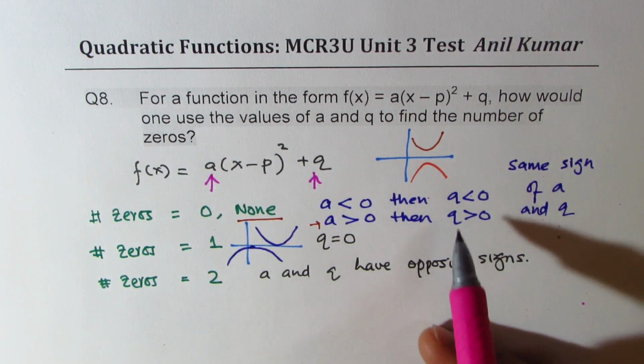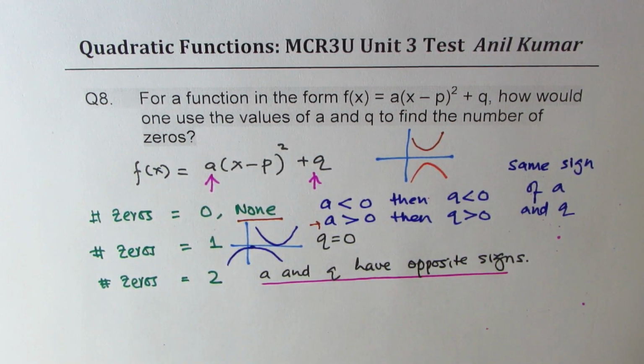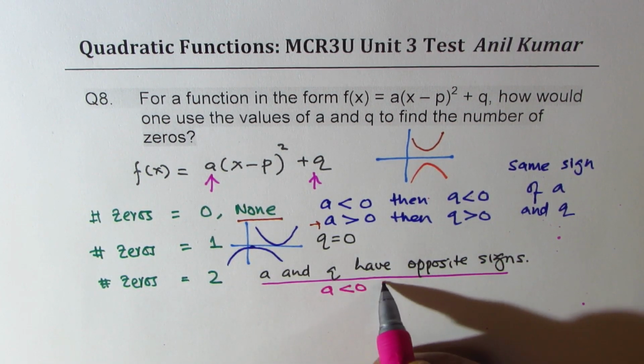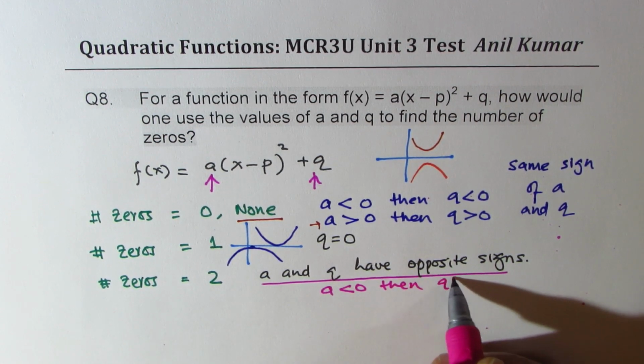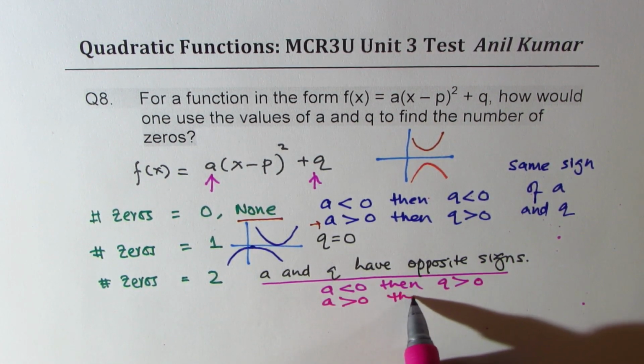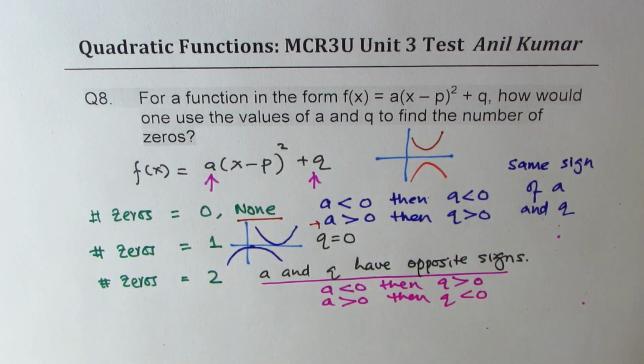So in the first case A and Q have the same sign, and in this case they have opposite signs, right? That basically means that if A is less than 0, then Q is greater than 0, and if A is greater than 0, then Q is less than 0. Perfect. So that will ensure 2 zeros. That is how you could answer this question.